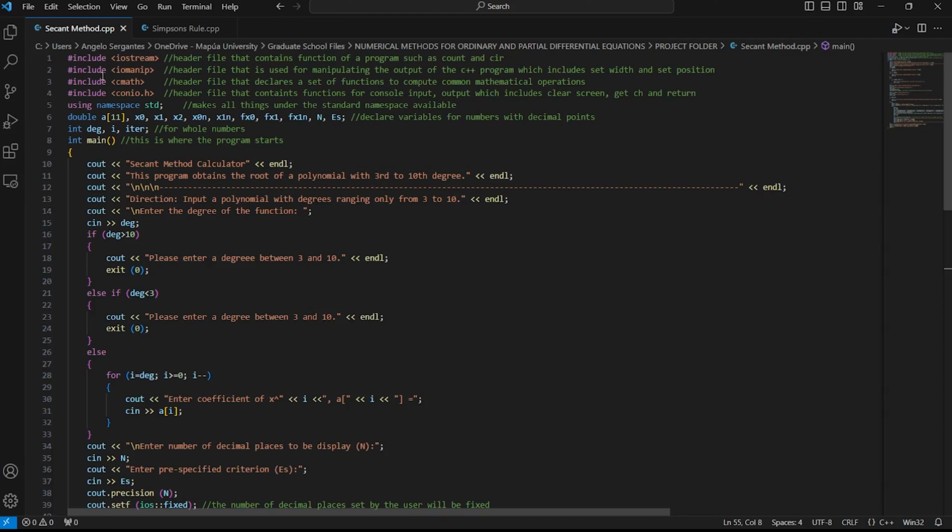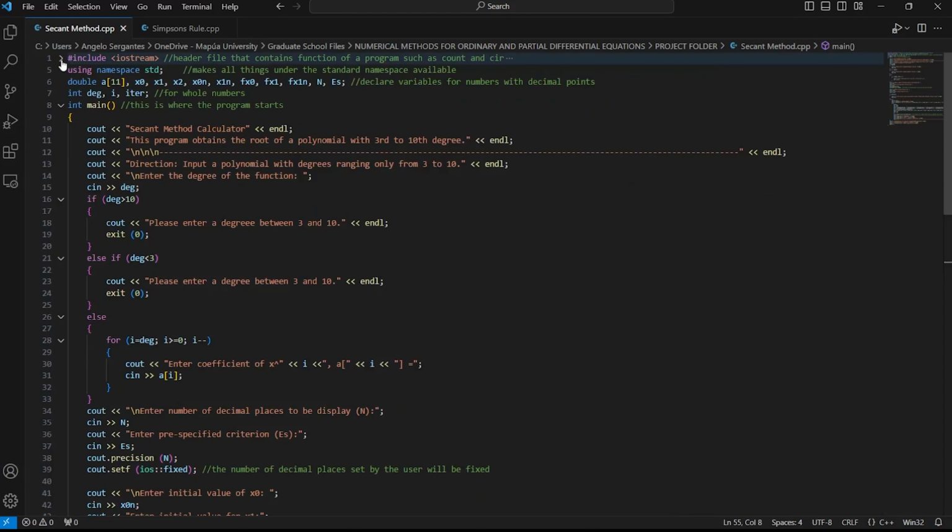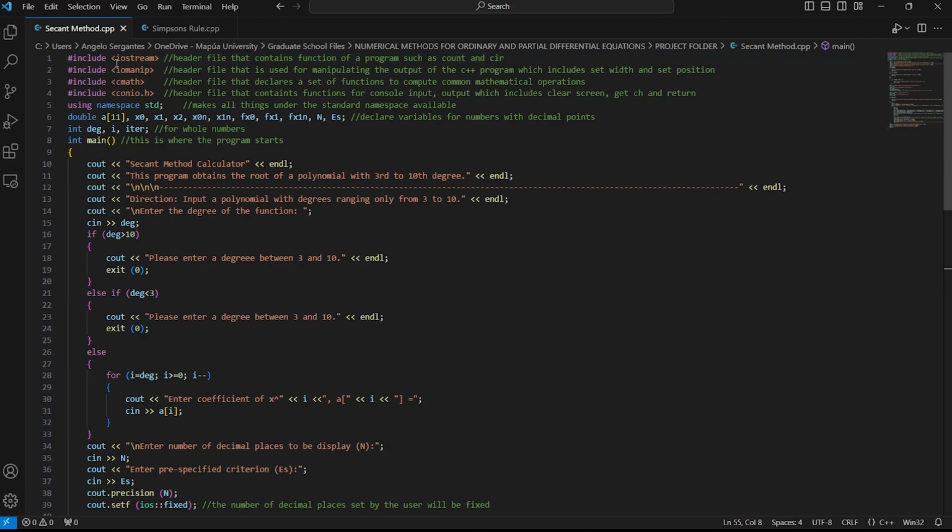We are using Visual Studio Code to write the C++ program. First, we declare the header files for the C++. We have #include iostream, the header file that contains the input and output functions of the program.